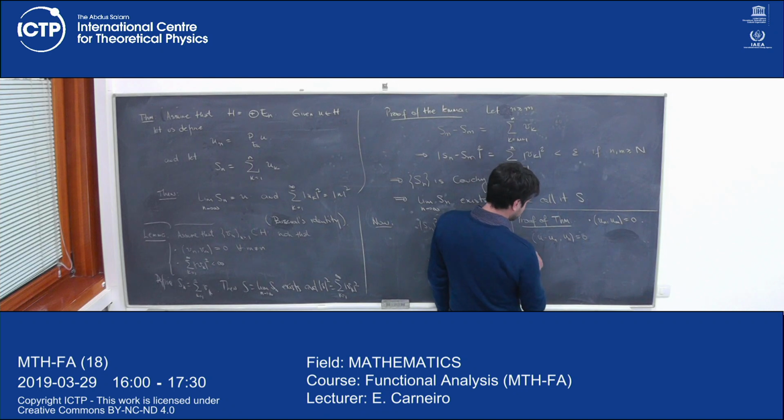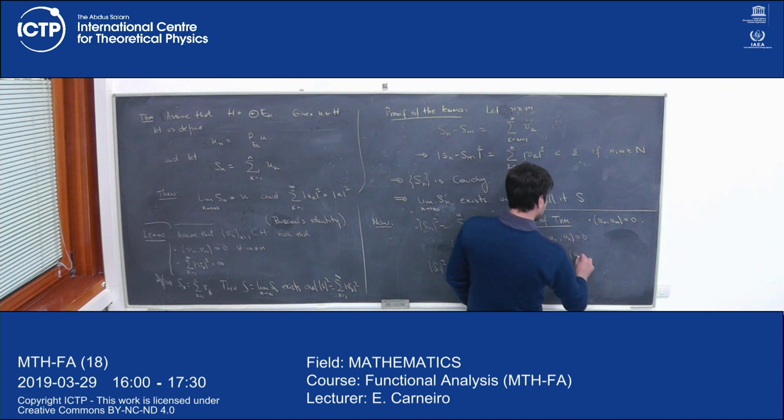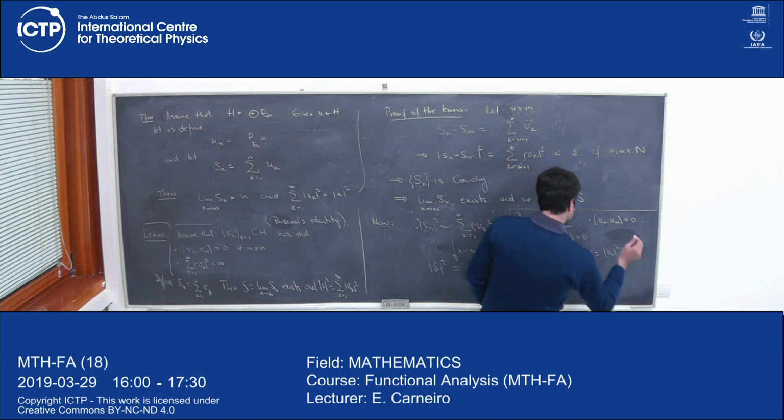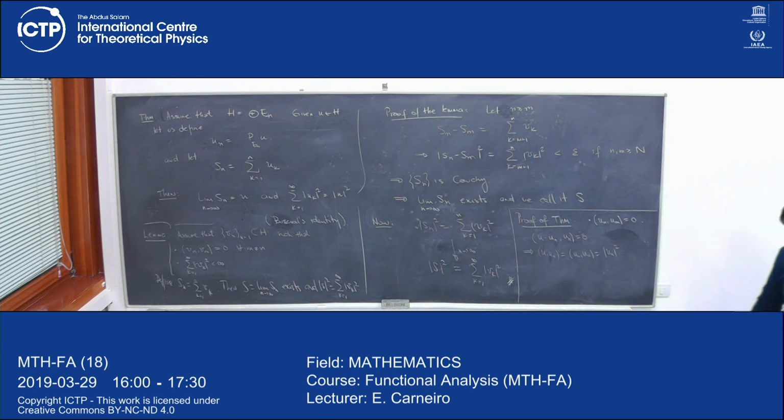So in other words, this would imply that U scalar U_n is actually equal to U_n scalar U_n, which is the norm of U_n squared. Right?